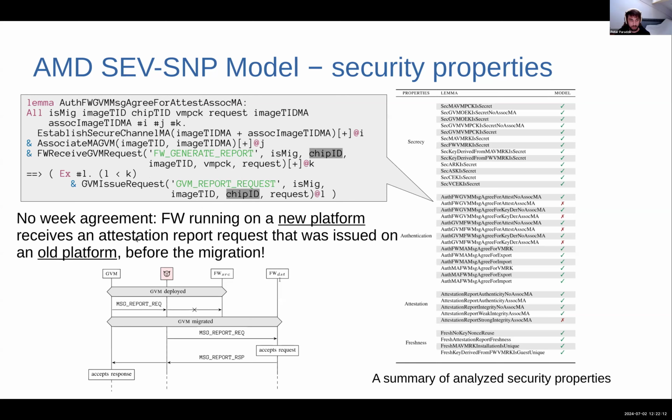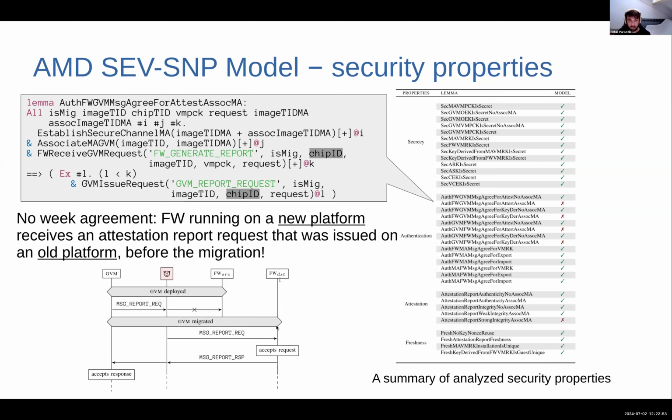So what can happen here? Consider this diagram right here, the sequence diagram. The guest requests an attestation report, and then the adversary blocks this attestation report. Then the adversary migrates the guest to another platform. It transfers the guest context to the other platform, and when the guest context is installed there, the firmware starts executing on that other platform.